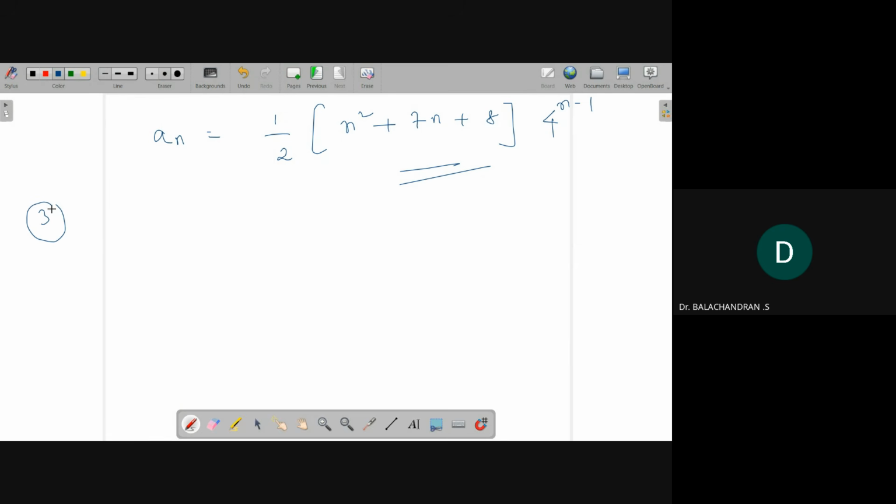Use the method of generating function to solve the recurrence relation a_n equal to 4 times a_n minus 1 plus 3n into 2 power n, where n is greater than or equal to 1 and a_0 equal to 4.